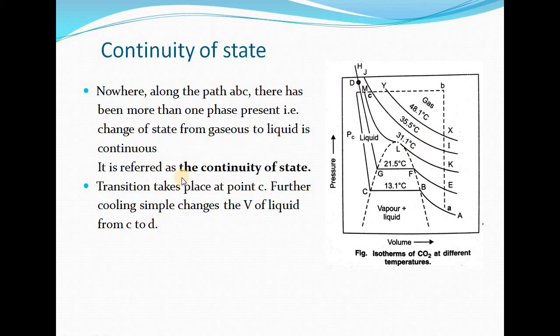That's why it is referred to as continuity of the state. So transition is taking place at point C. It is converting into the liquid form. Further cooling will simply change the volume of the liquid from C to D. So this is all about the principle of continuity of state.